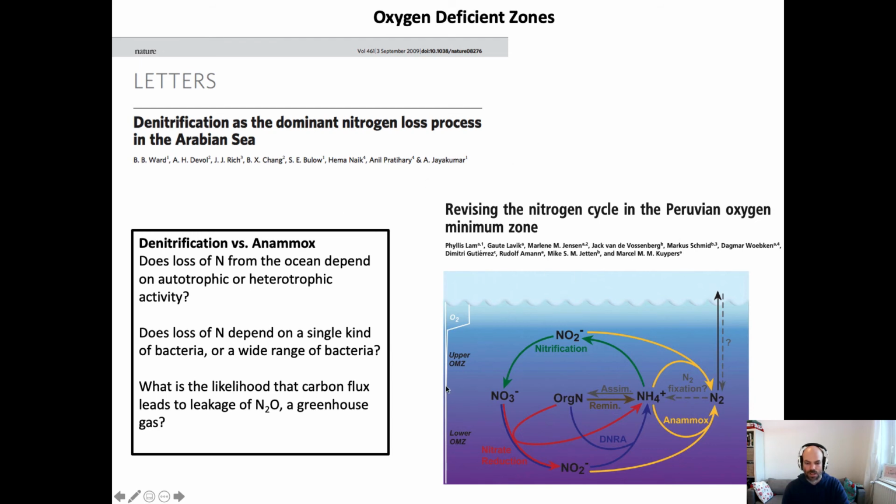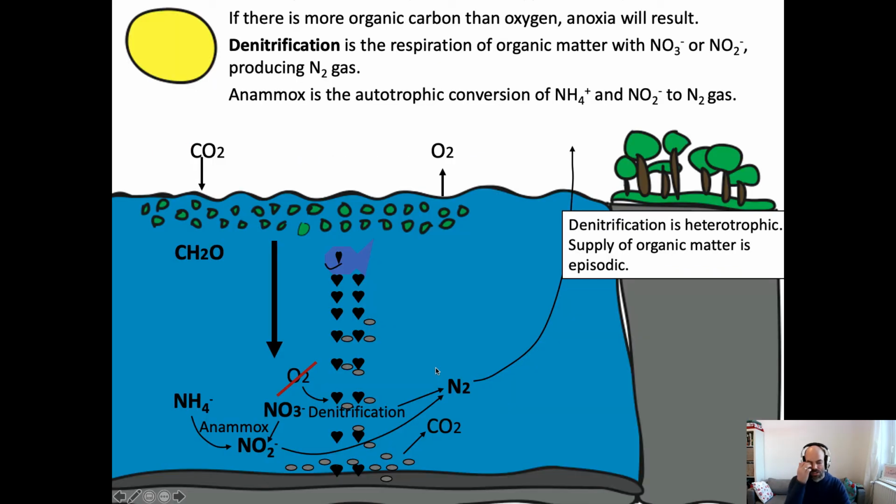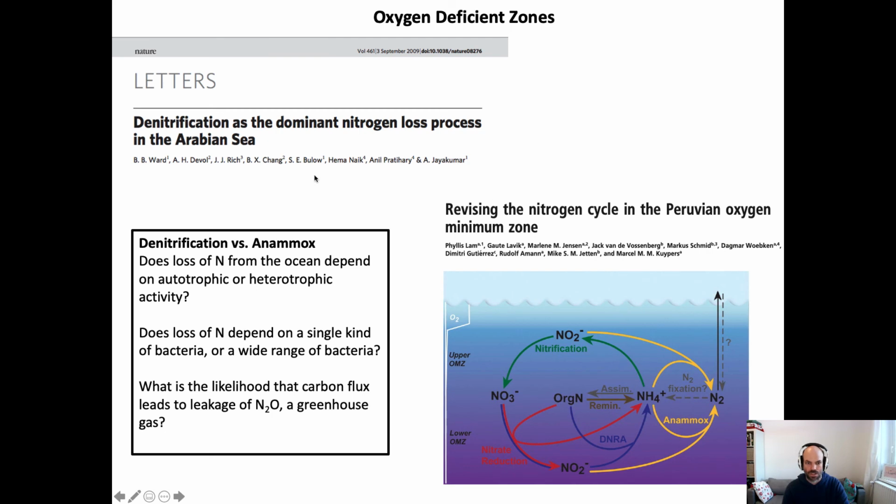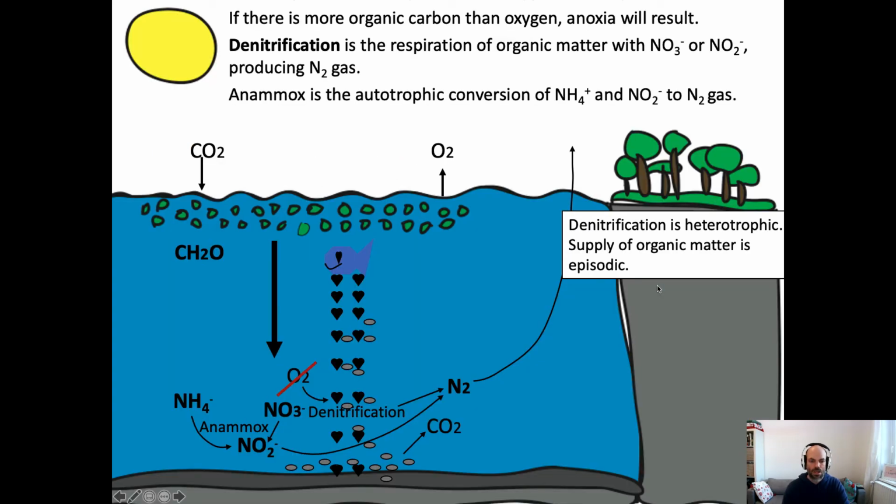These 2 groups have had a pretty productive and healthy disagreement about exactly what's going on here. The reason you get different answers is because denitrification and anammox are different, and they behave differently in different conditions. And these 2 papers, for example, were studying different parts of the ocean. So let me explain that in a little more detail. Let me spell this out to you.